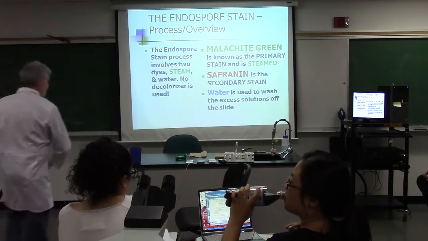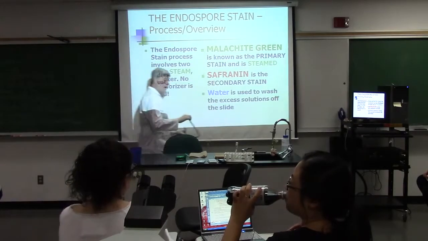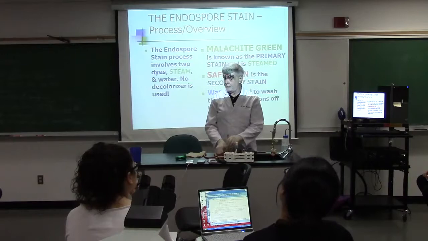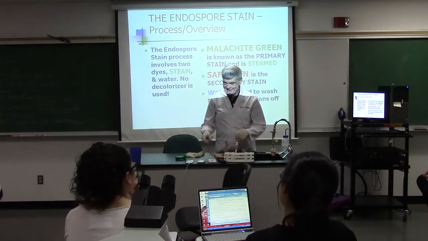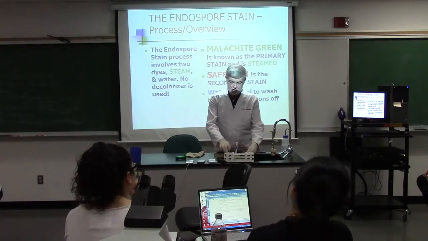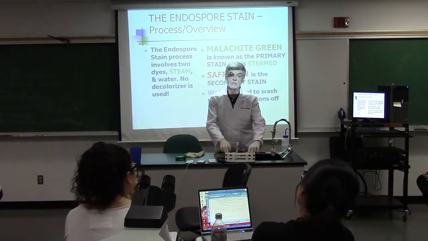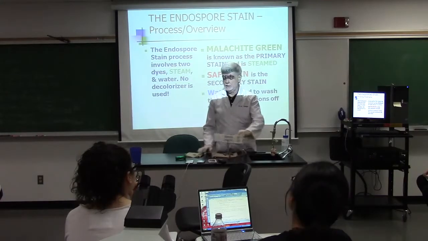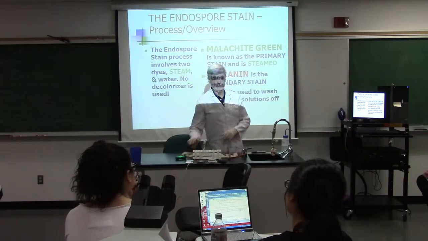And once about 10 to 15 or so percent of the malachite green has evaporated, and before it binds to the glass, you shake it off, rinse it off, and counterstain with safranin. That's it. It is so incredibly easy to do.